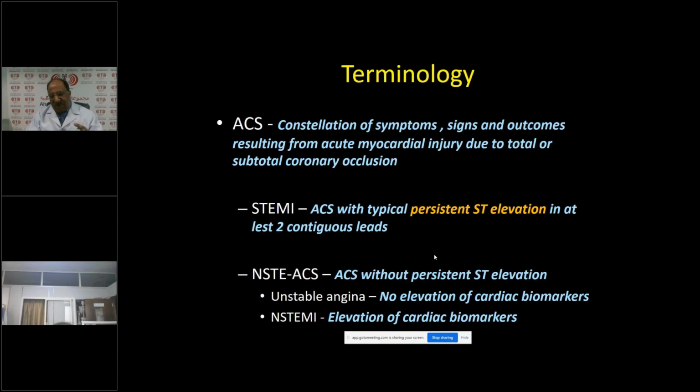Now, under NSTEACS, if there is no elevation of cardiac biomarkers on serial examination, it's called unstable angina. Whereas if there is elevation of cardiac biomarkers, particularly high sensitive troponin, then it's called NSTEMI. It's a myocardial infarction. So myocardial infarction is acute ischemic injury to heart with troponin elevation, simply stated.